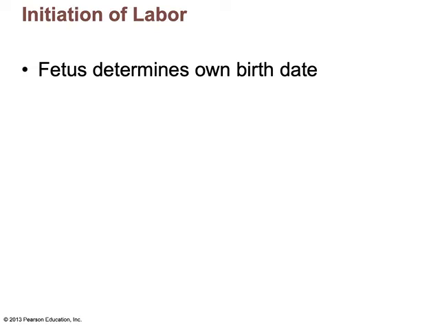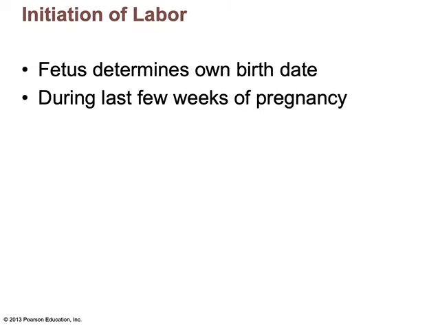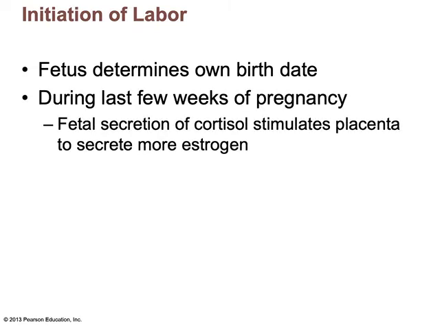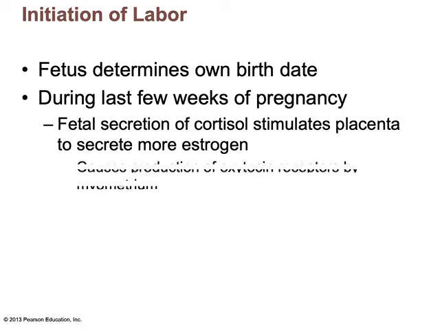The fetus will determine when it's going to be born. During the last few weeks of pregnancy, the adrenal cortex of the fetus will generate cortisol, and the placenta will convert that into more estrogen.